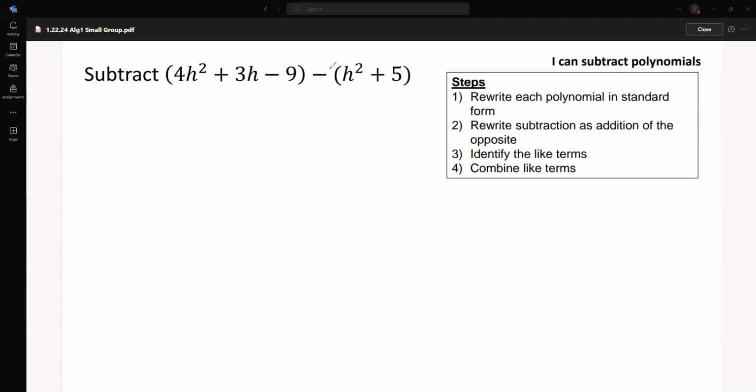We rewrite subtraction as addition, so we're going to do this, and then distribute the problem like this. So now it becomes 4h squared plus 3h minus 9 plus negative h squared minus 5.